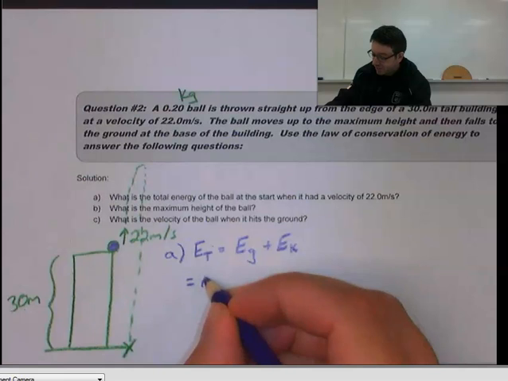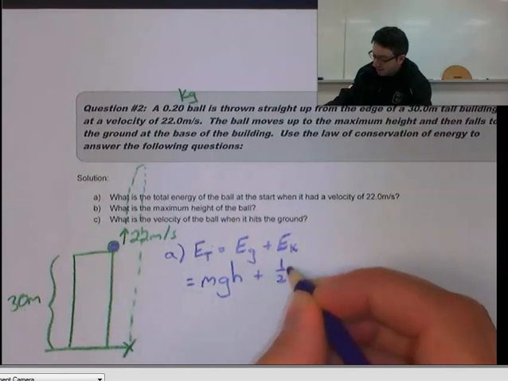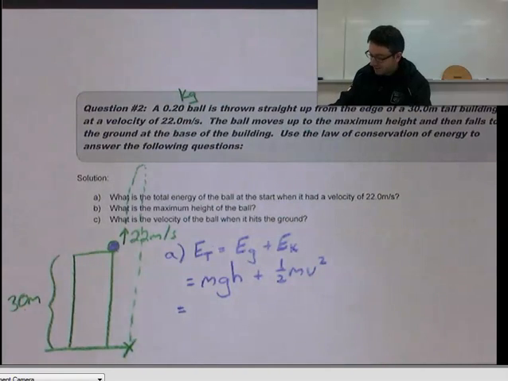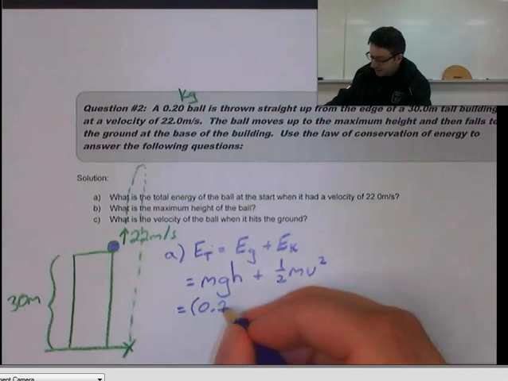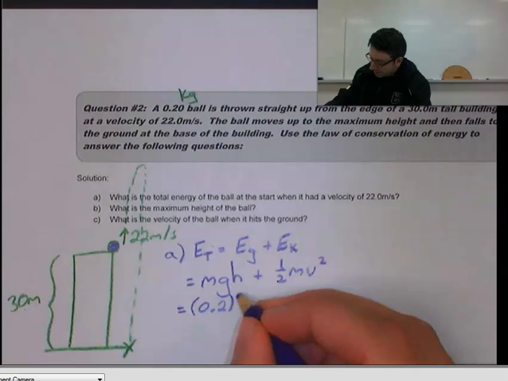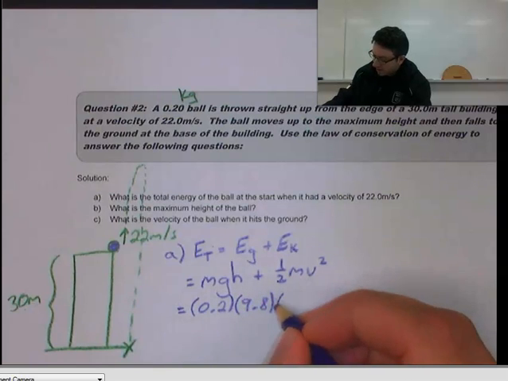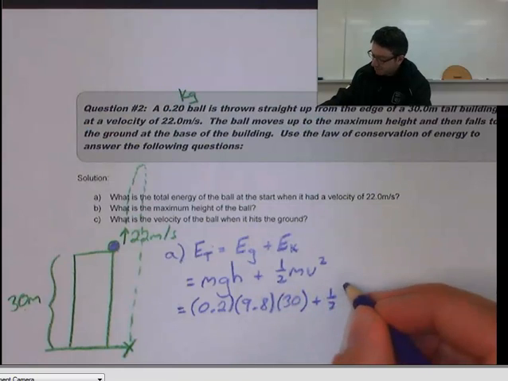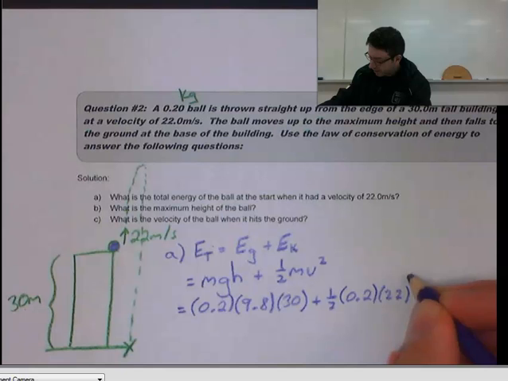Gravitational potential is mgh, kinetic is 1/2 mv squared, and now we sub in our numbers. Mass is 0.2. I'm going to run out of room, so I won't write units here. 9.8 times our height of 30, plus 1/2 times mass 0.2 times a velocity of 22, and don't forget to square.